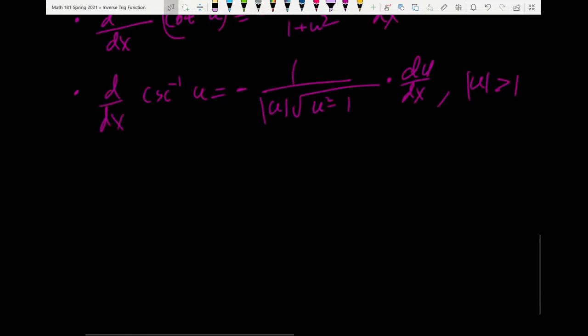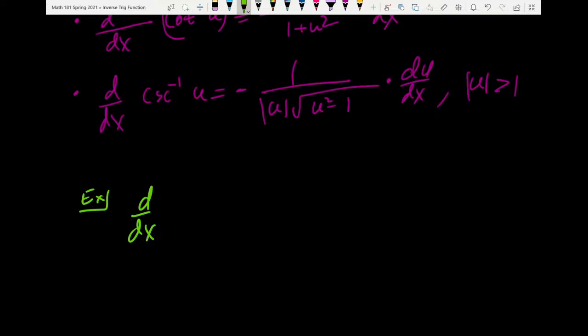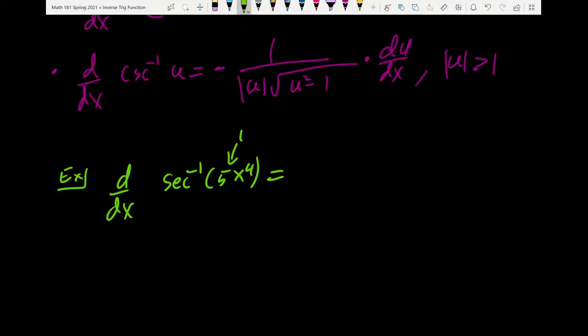Now out of that, let's do an example problem. Secant inverse of 5x to the 4th. What's the derivative of that? Well, this is the u.